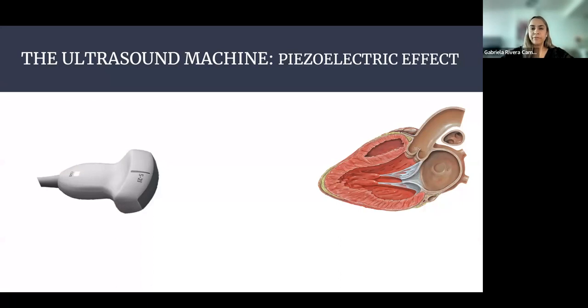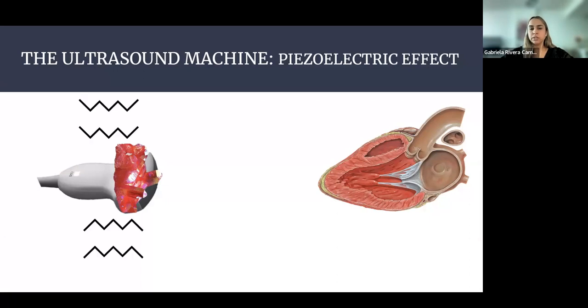Transducers today are manufactured with crystals that are housed within a plastic probe assembly. A computer sends an electric signal to these crystals, which in turn creates a mechanical sound wave in form of vibrations to be produced. This mechanical sound wave enters the body where it encounters different types of tissue.